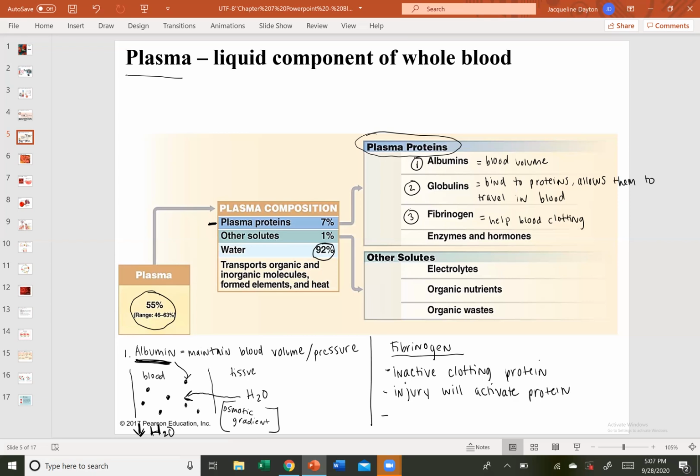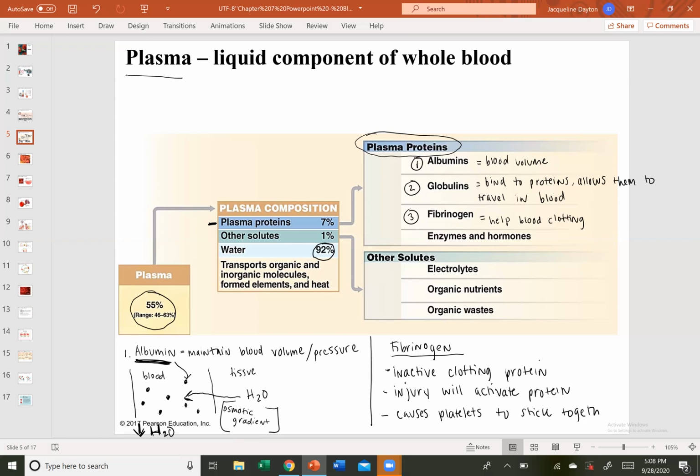Once the fibrinogen is activated, there is a cascade of events that occurs that will eventually lead to the creation of a blood clot. This blood clot is created by the platelets, which will stick together, okay? So this fibrinogen activates and it causes the platelets to become sticky, all right?